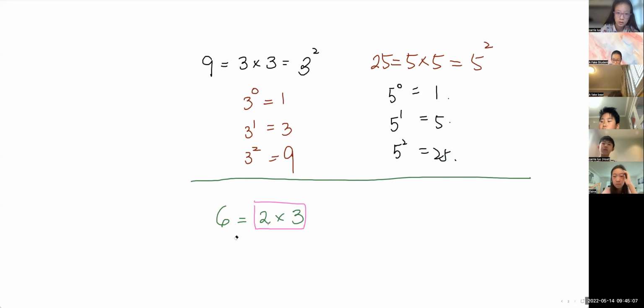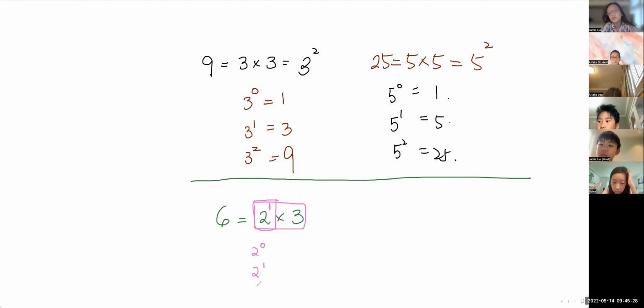So let's take a look at this one. 6 is a combination of having the base numbers 2 and 3. So how do we do it? We talk about 2 first. 2 to the power 1, we can have what? 2 to the power 0 and 2 to the power 1, correct?